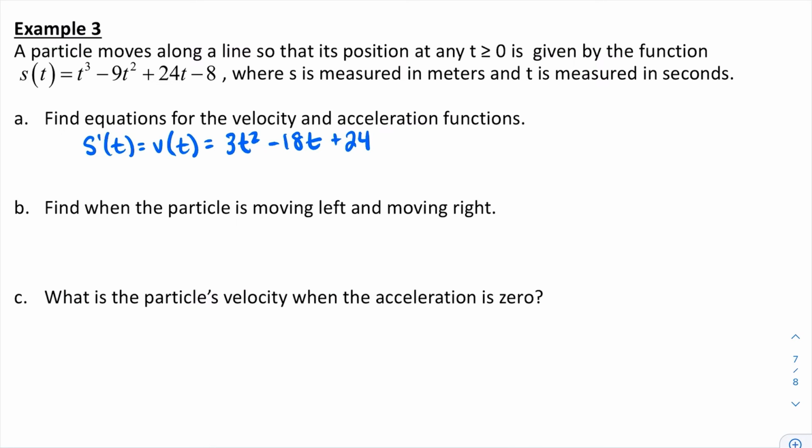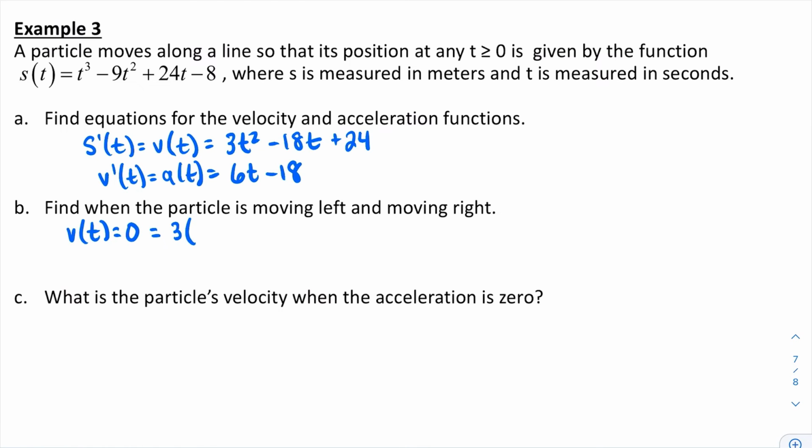Okay, and then my acceleration function is the derivative of velocity, which is 6t minus 18. So find when the particle is moving left and right. So first I have to find when v of t equals 0.